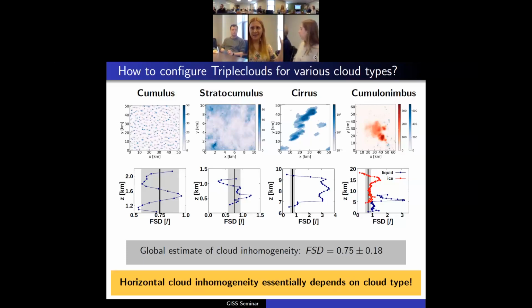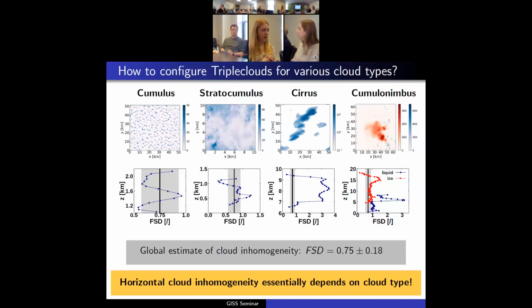And I have repeated these baseline experiments with the global estimate of fractional standard deviation, with these various distribution assumptions. They work relatively well for cumulonimbus, but they completely failed for stratocumulus and cirrus.